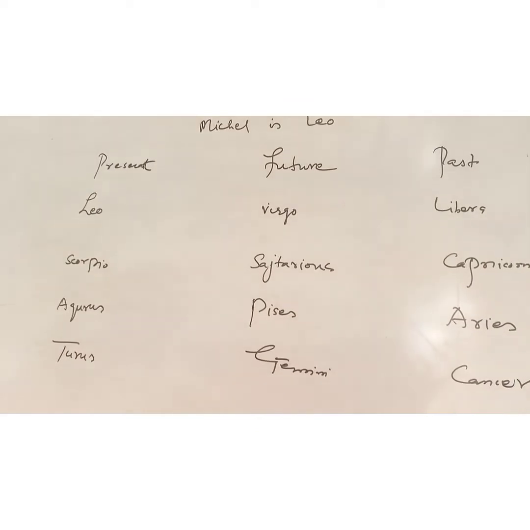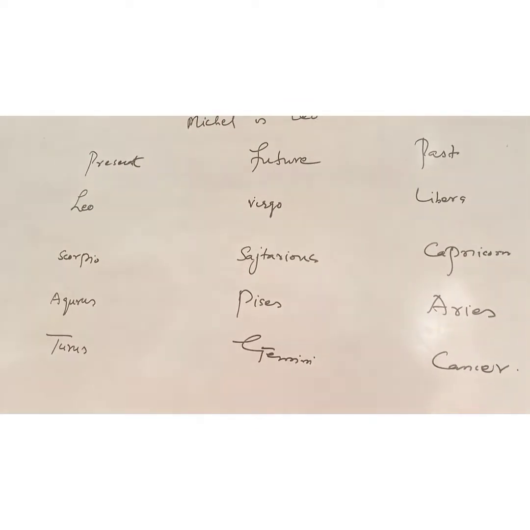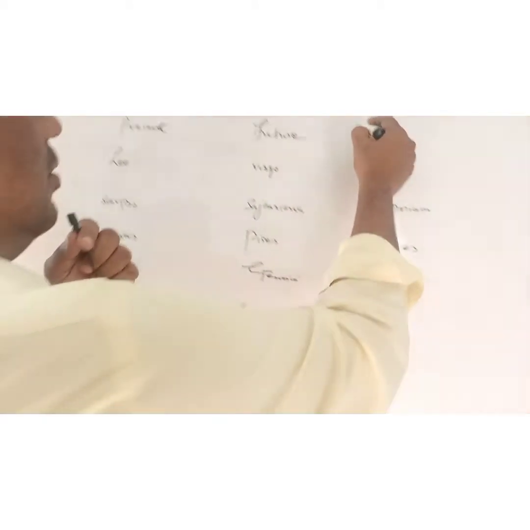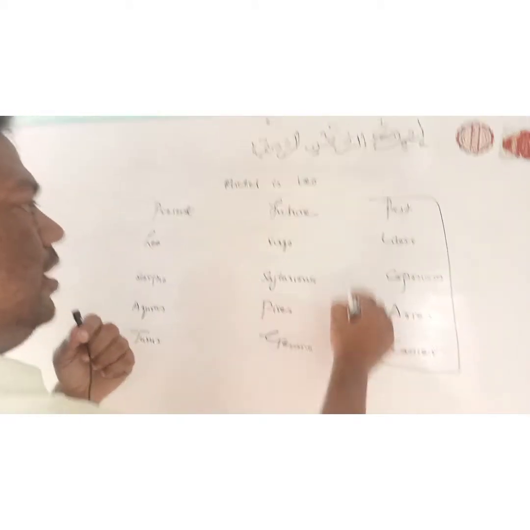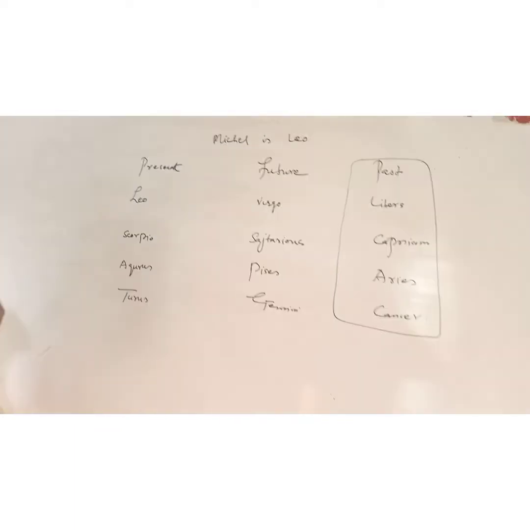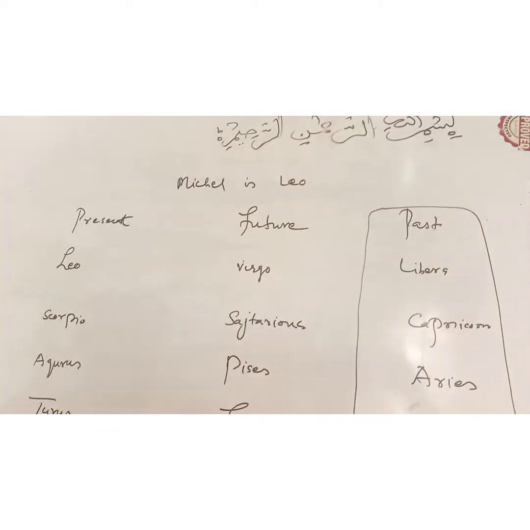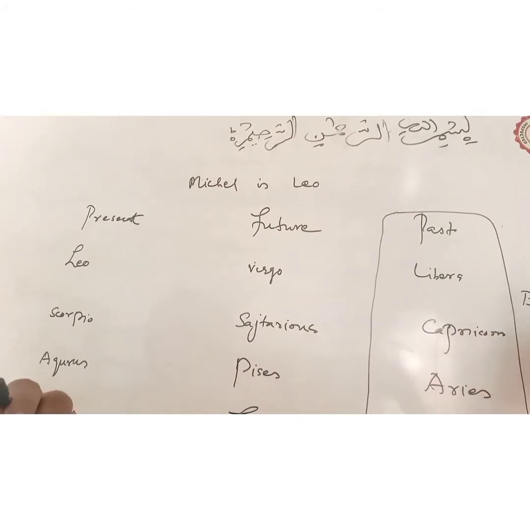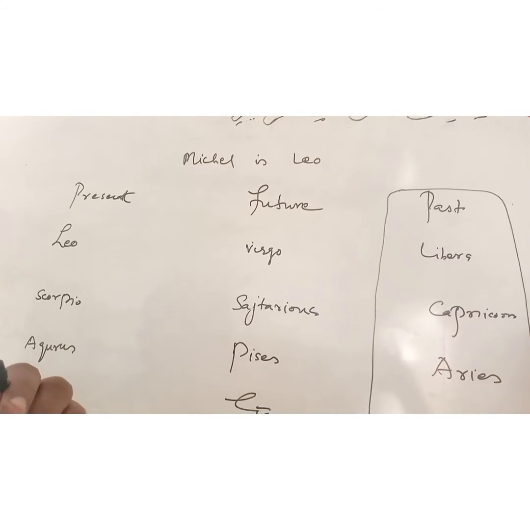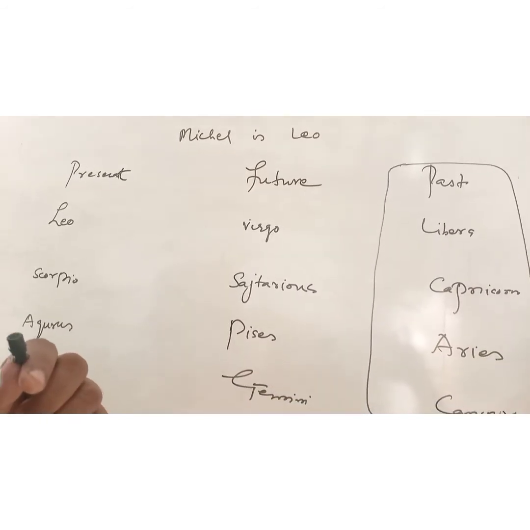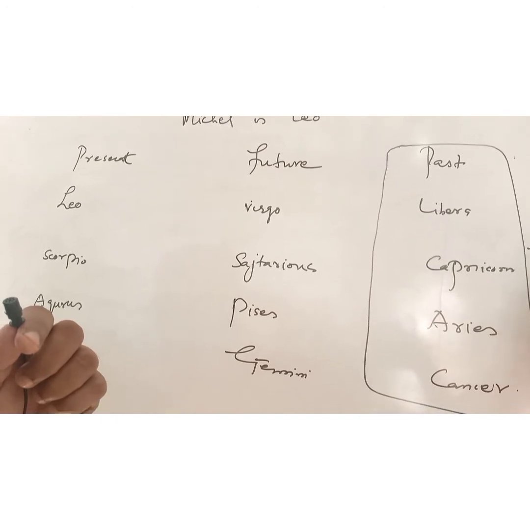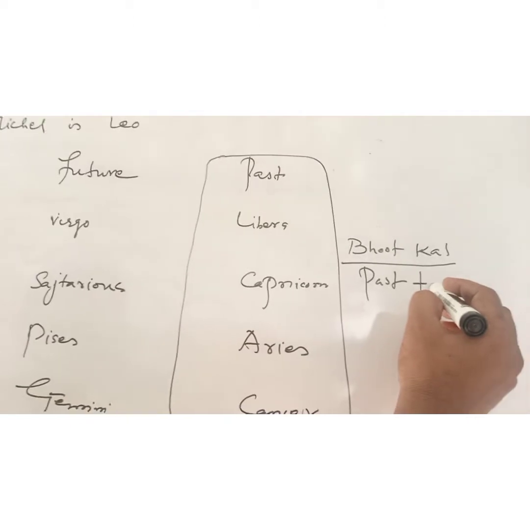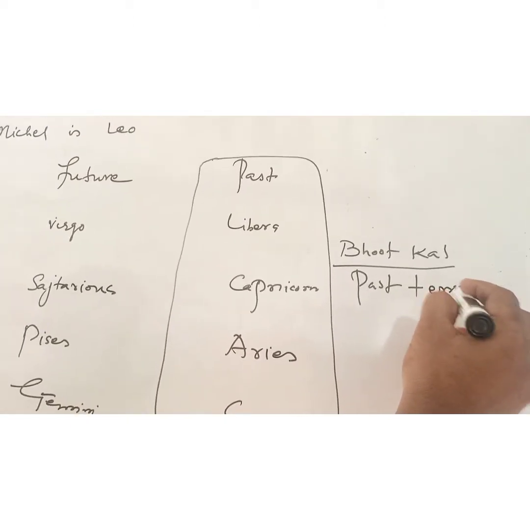If we want to learn about the bhoot of any person, according to Hindi astrology, bhoot is past time, past tense or time.